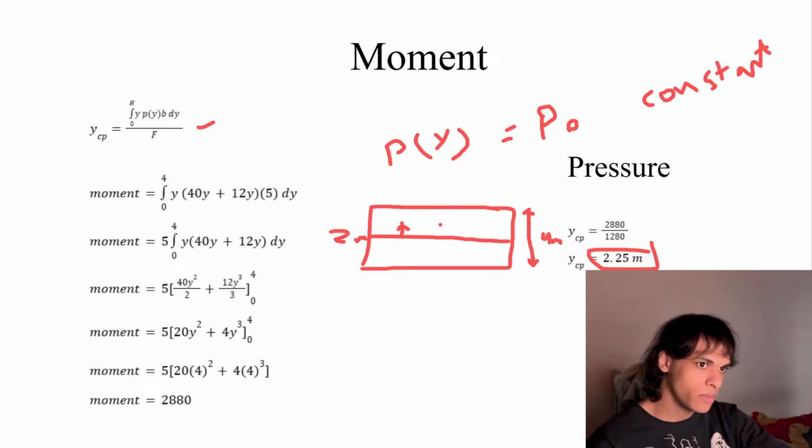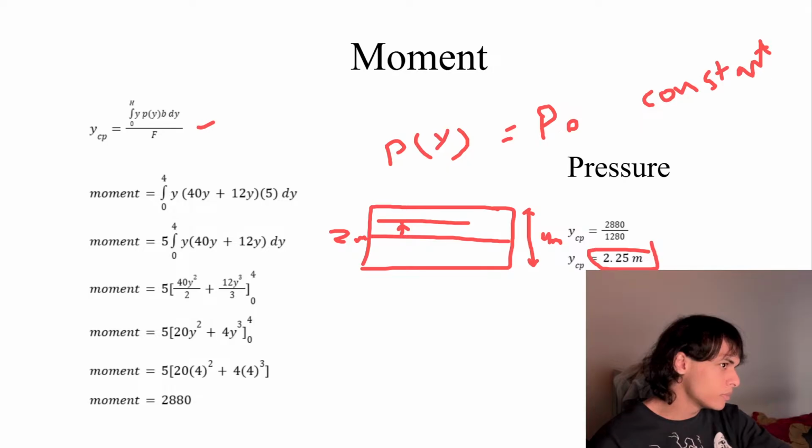Okay, this kind of looks like a diffusion model, but anyways. Since it's higher here, it's not going to be distributed evenly. Since the pressure is uniform, the force is distributed evenly across the surface, meaning the center of pressure would act exactly at the geometric center, which is 2 meters.